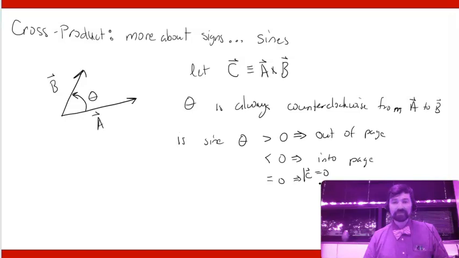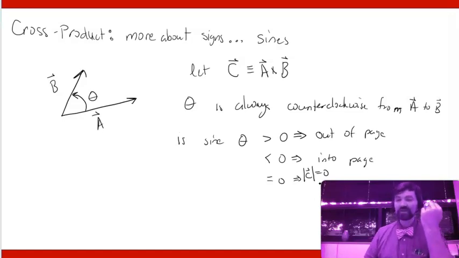So that is another way of looking at the sign conventions for a simple definition. It doesn't hold up as well when you're using unit vectors, where A has a component along X, along Y, and along Z, and B also has components along X, Y, and Z. Then it's a little bit more tricky to use this.